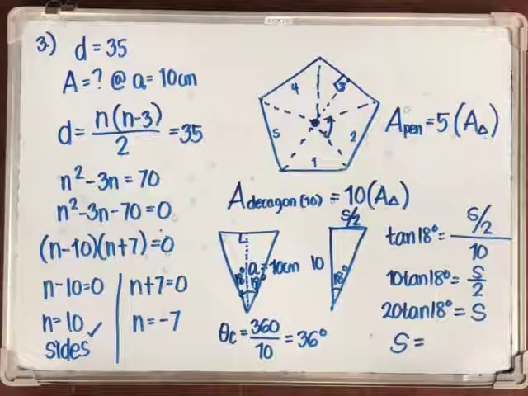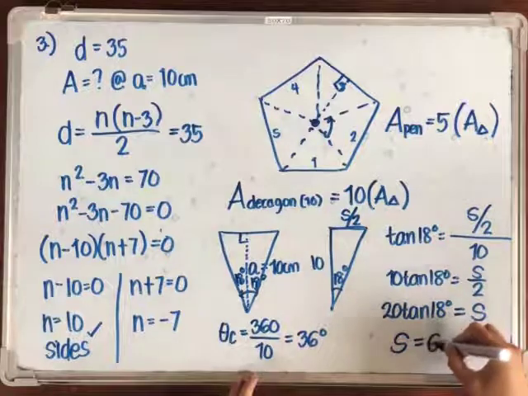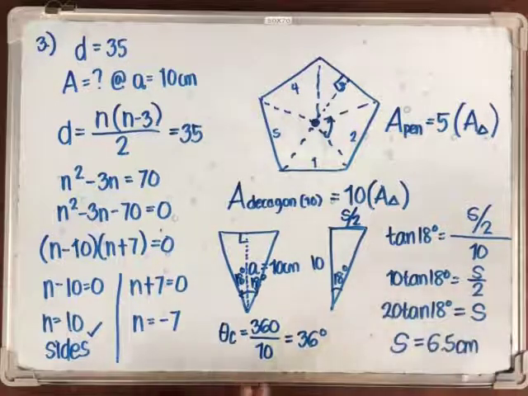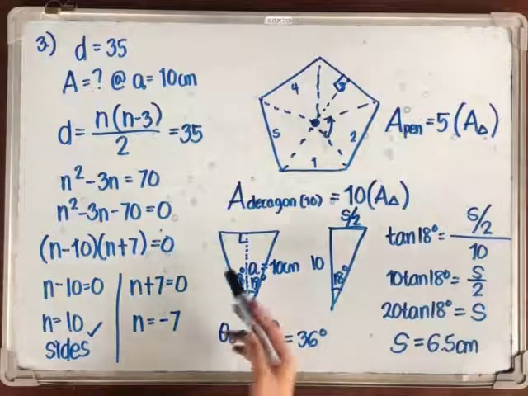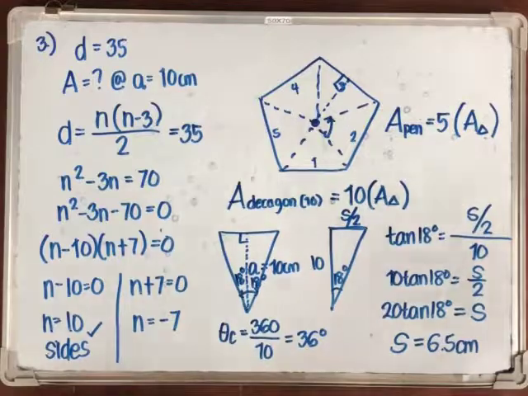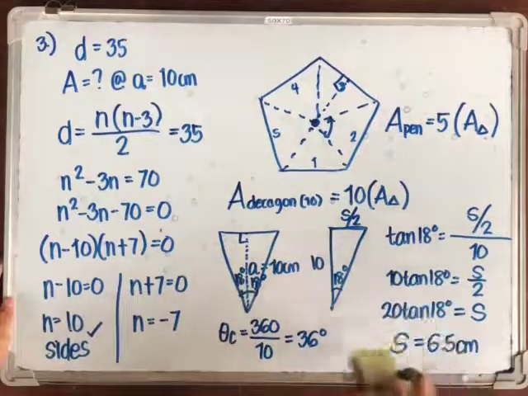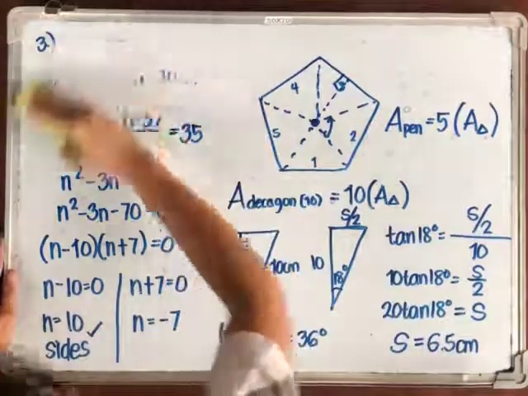Okay, so that will give us how much? 6.5 centimeters. Okay, that's one way to compute it. So you have your base now. Okay, let me erase this one na guys. Understood na siguro hanggang sa point na to para meron tayong space.